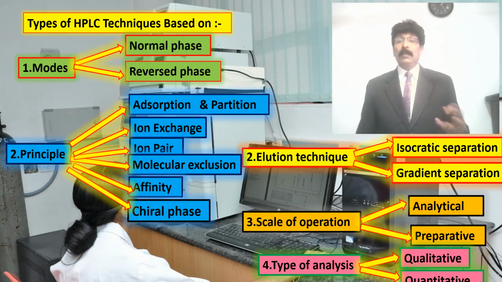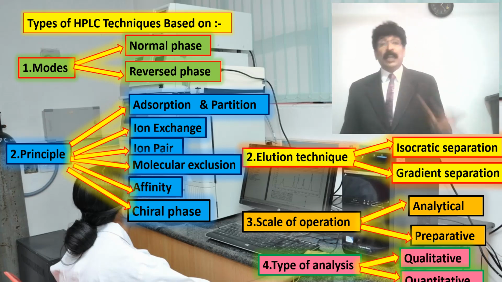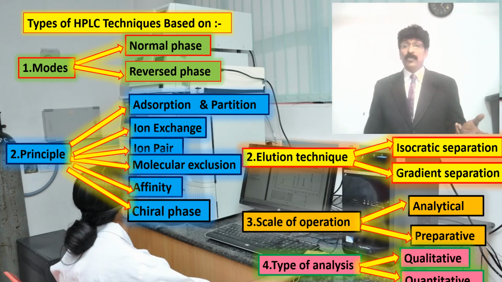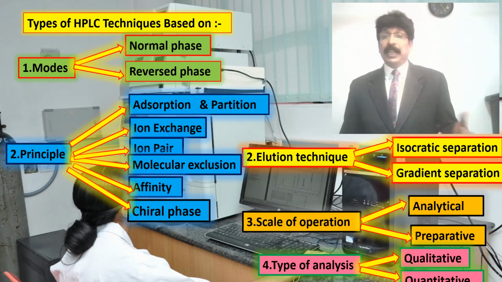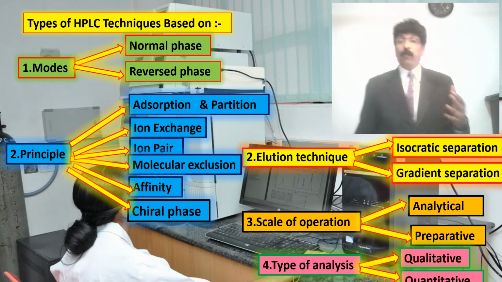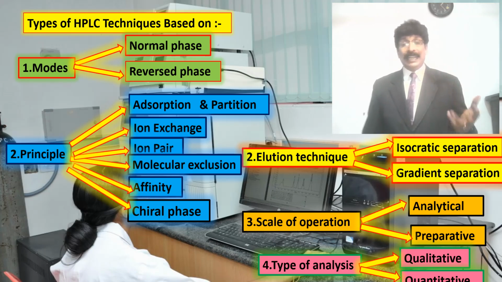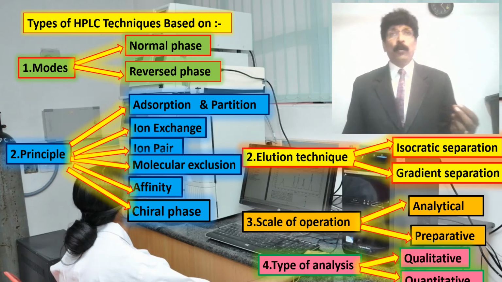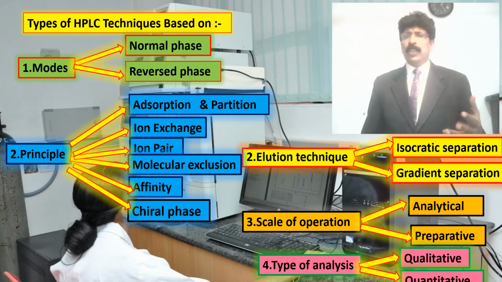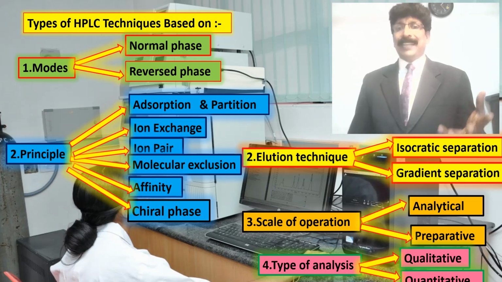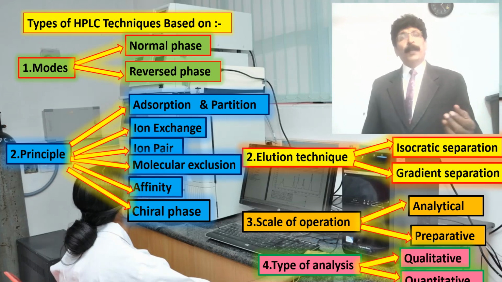Number 3, elution technique, can also be of 2 types: isocratic separation, a single form of solution, or gradient separation. Number 4, scale of operation, not preparation: analytical, a minute micro quantity, or preparative, a large quantity in milligrams.